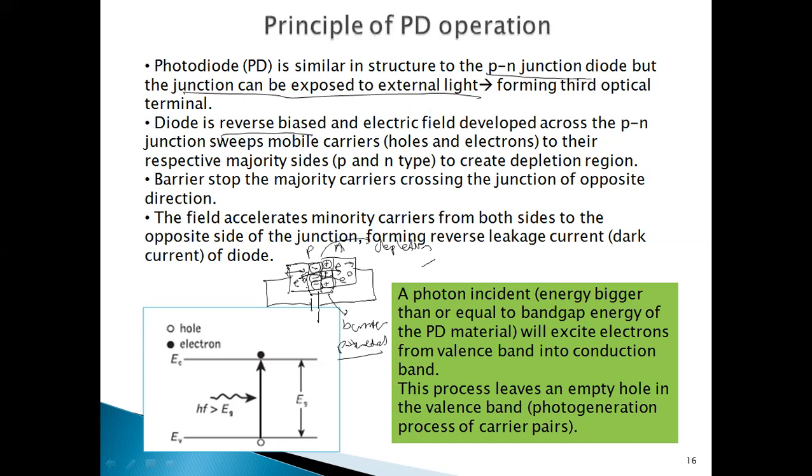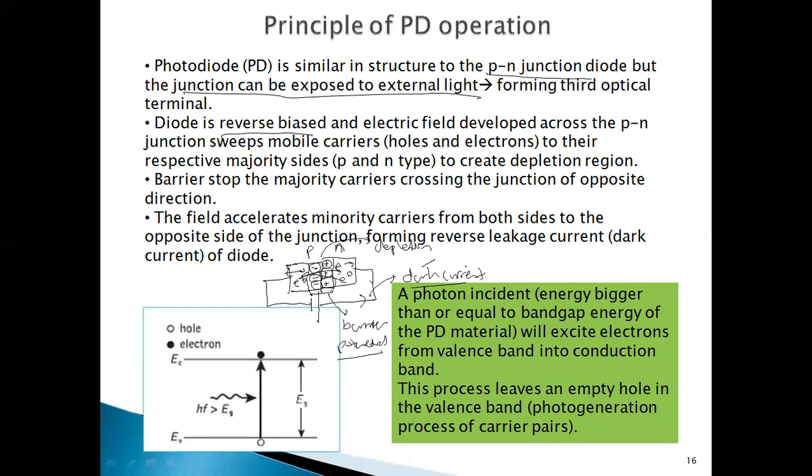This electron flow and hole migration, when there are no incident photons or no incident light on this PN junction, will result in a flow of current, and this current is what we call the dark current, or also the reverse leakage current in the diode.